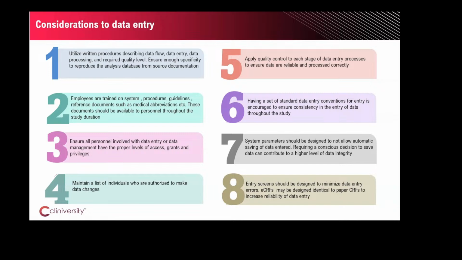Screen design should be such so as to minimize any data entry error. For example, use of coded checklists or selection options, such as radio buttons and checkboxes. There can also be very clear instructions on the CRF screen of what should be selected. For example, if multiple options can be selected, or just a single option selection is required.